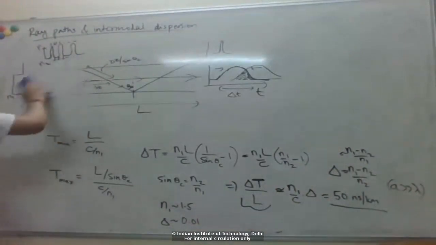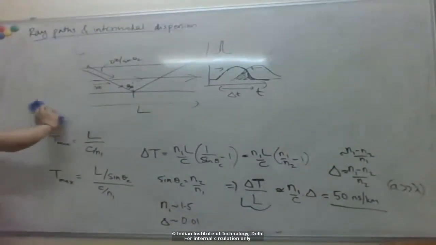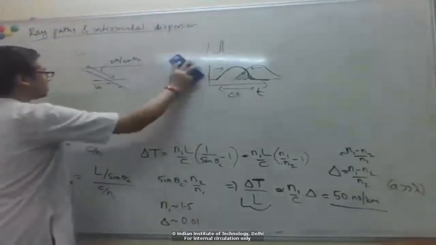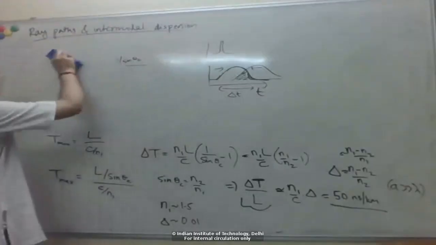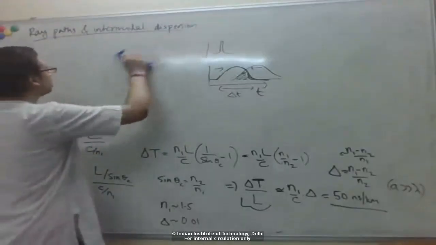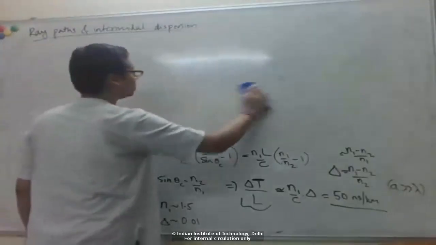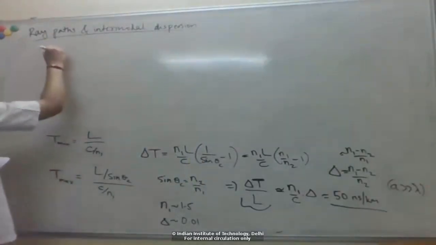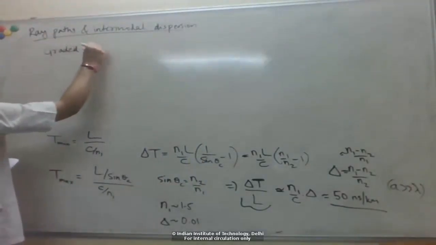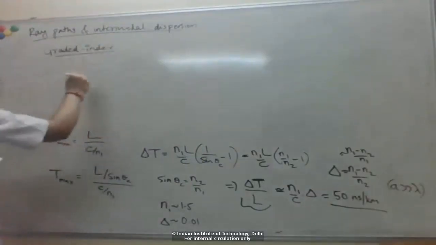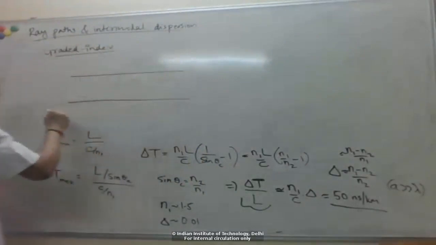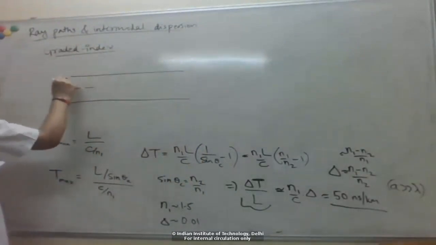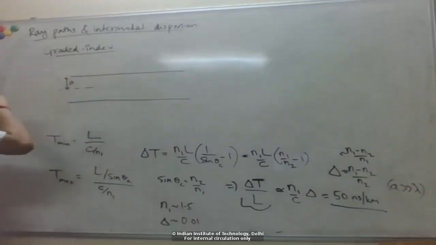Okay, so we go to graded index. What do we mean by graded index? Firstly, the refractive index is a continuous function, so it's graded. It's not constant. Now again you have core and cladding, but the refractive index profile is not like a step, constant in the core and constant in the cladding, but there is a smooth variation.